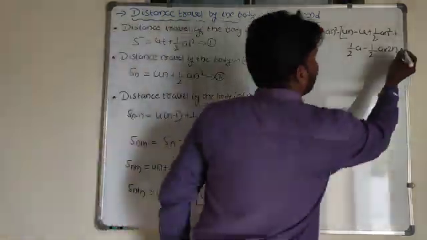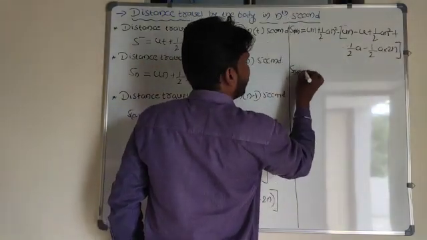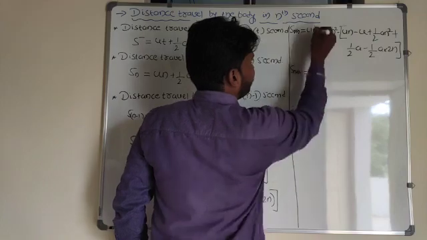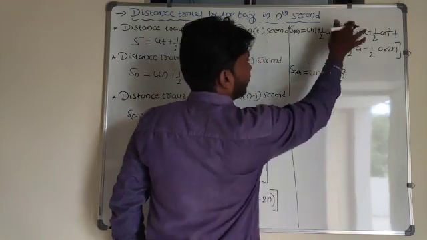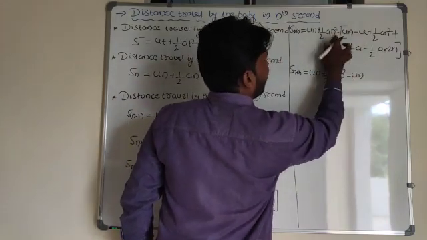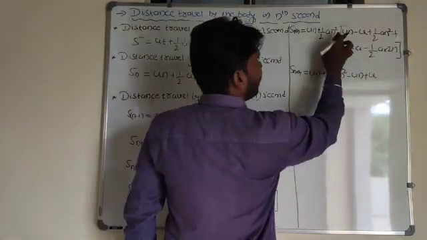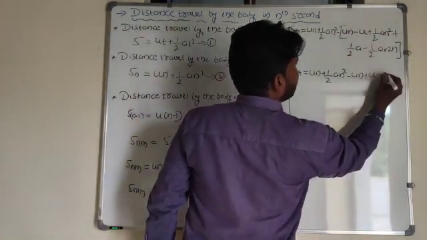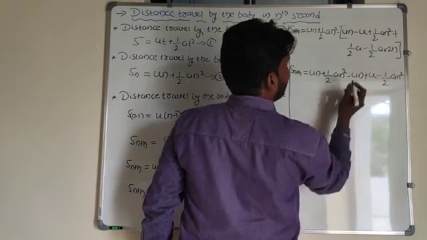So if I do like so, look here, u into n plus half of a into n square. I will take out the bracket: minus u into n, minus into minus is plus u here, plus into minus is minus half of a into n square here.